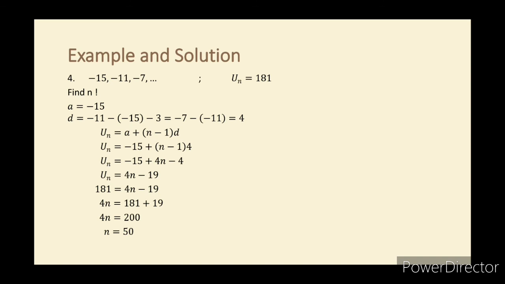You can subtract the first term from the second term and the second term from the third term. Then the nth term Un equals a plus (n minus 1) times d equals minus 15 plus (n minus 1) times 4 equals minus 15 plus 4n minus 4 equals 4n minus 19.